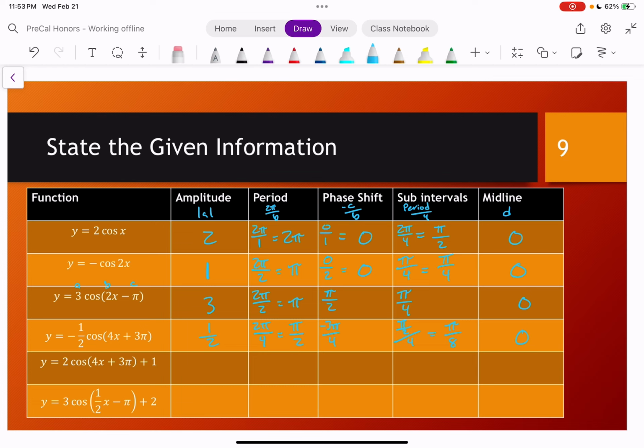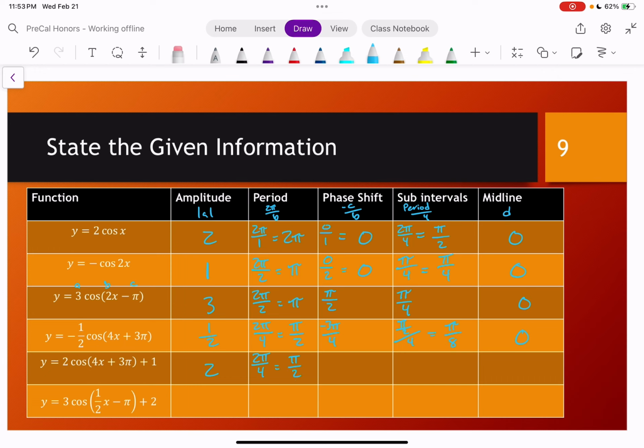We start approaching our last two questions, and you can see that all 4 letters are present within each one of these two equations. The first thing that we would solve is the amplitude. Amplitude would be 2 for this equation. Our period would be 2 pi over 4, or pi over 2.